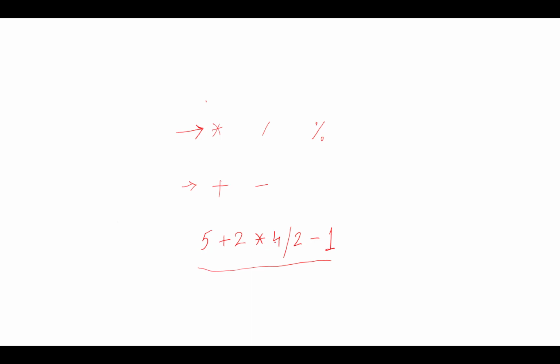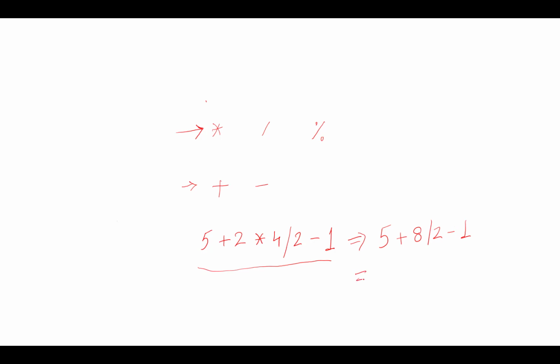So if two operators having the same precedence are in the expression, then we will solve the left one first. So the left operator is solved first. So 2 into 4 will be done first. This expression will be reduced to 5 plus 8 divided by 2 minus 1.